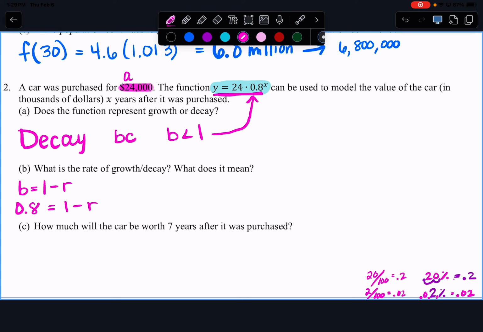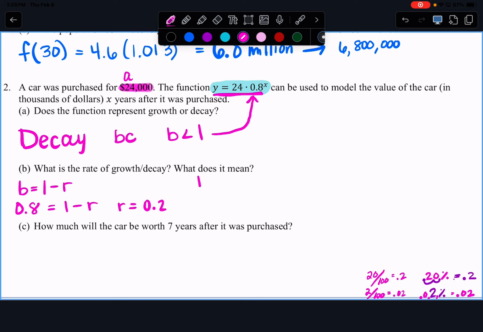So how would I use that to find R? What is R? That's your rate. So what is it in this problem? Is it 24 times 0.8? 0.2, or 20%. How would I write 0.2 as a percent? 20%.